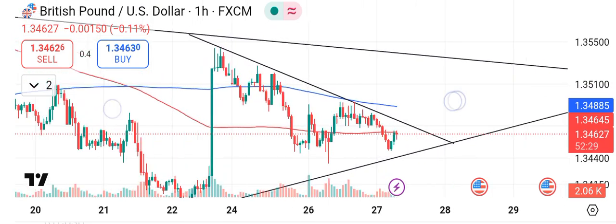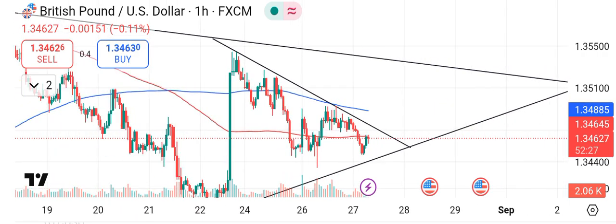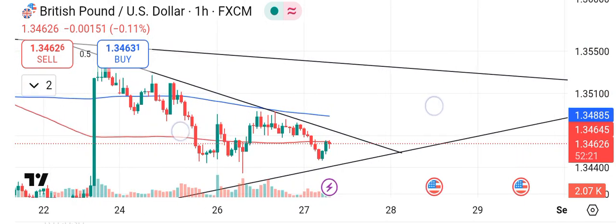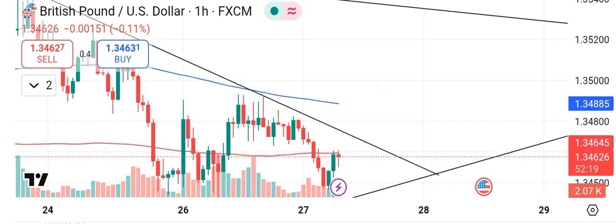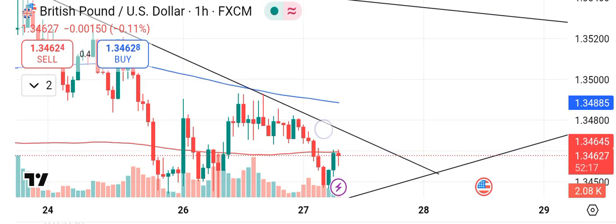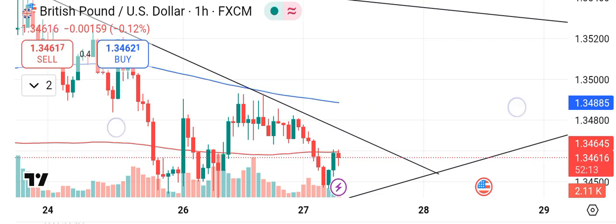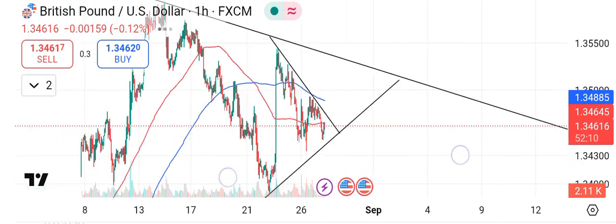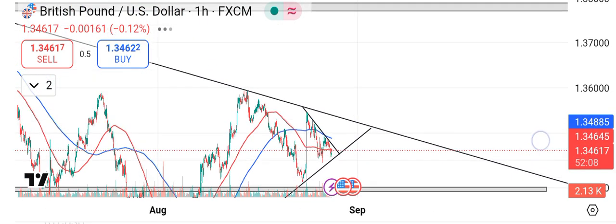So now what we are waiting for is a breakout on this little counter here. This is a little counter resistance. Once we get a bullish candle breaking out of this counter trend line, then we can expect further buying back to the resistance.